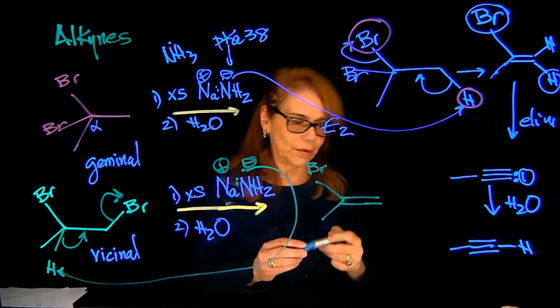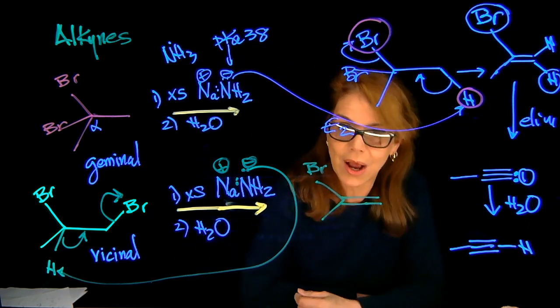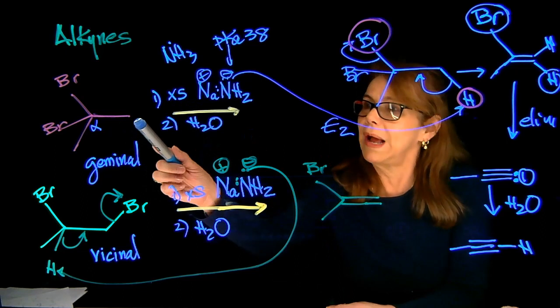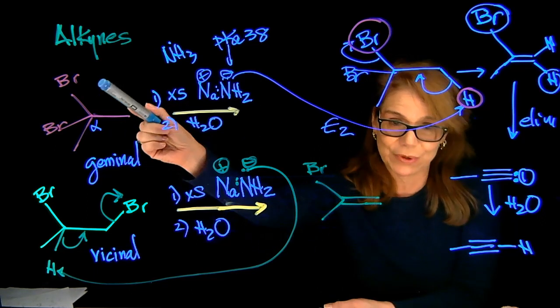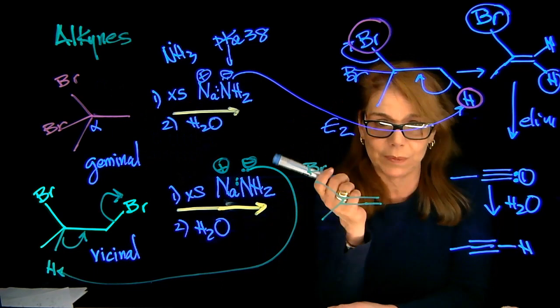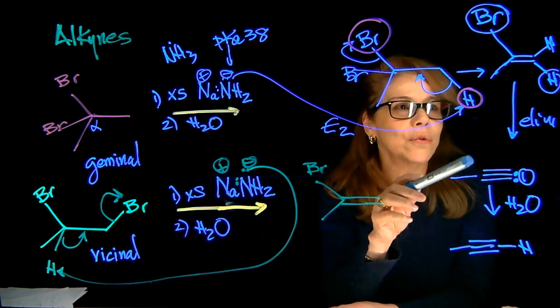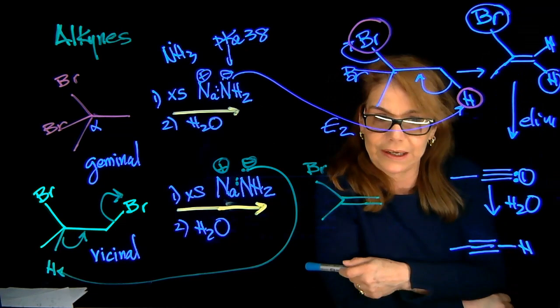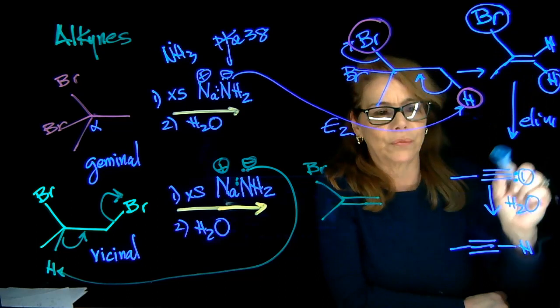So in summary, we need an excess of sodium amide to remove in the first step one H that is next to where the halide is, right? We make a double bond, then a second elimination to make the alkyne, and again, require that you have the other H there next to where the bromine is.